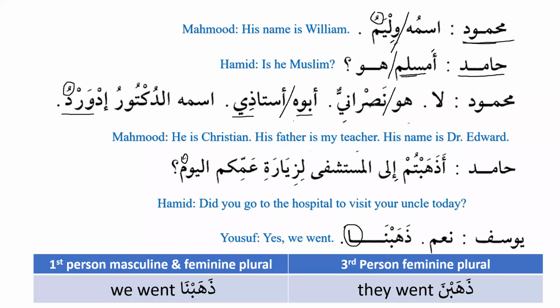So for the dual, for two, we say dhahabna, and for more than two we also say na'am dhahabna, yes, we went. And when we talk about the first person plural, whether masculine or feminine, we say dhahabna. That means yes, we went. So this alif is here to differentiate between the two forms.